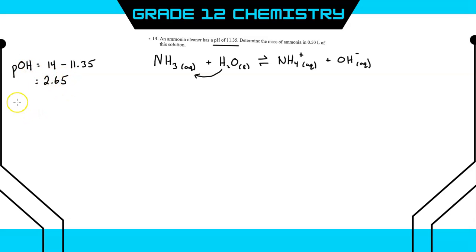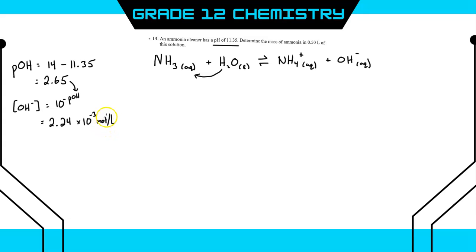And once we have pOH, we can find the concentration of hydroxide ions in the equilibrium, and that is going to be 10 to the minus pOH. So when we substitute that number in there, we get a concentration of 2.24 times 10 to the minus 3 moles per liter.